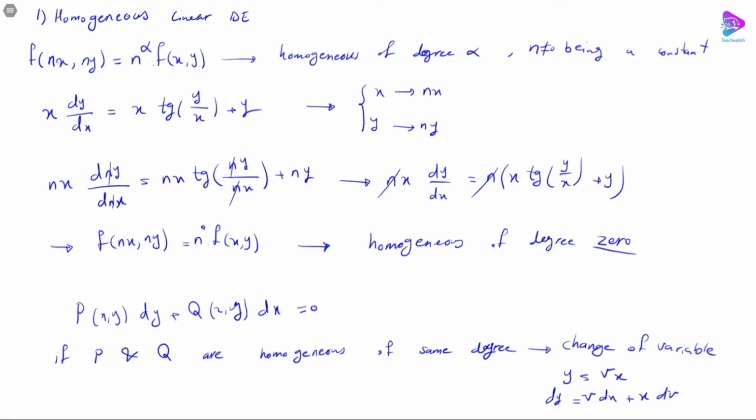So let's take a look. I'm just gonna go back to the same equation that we looked at as an example. x dy over dx equal x tangent of y over x plus y.